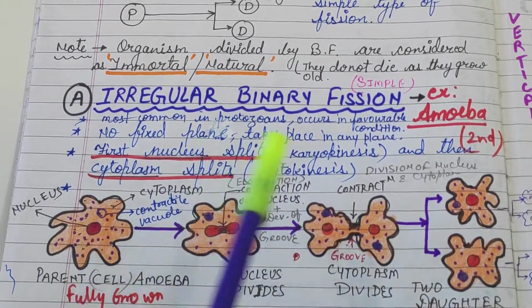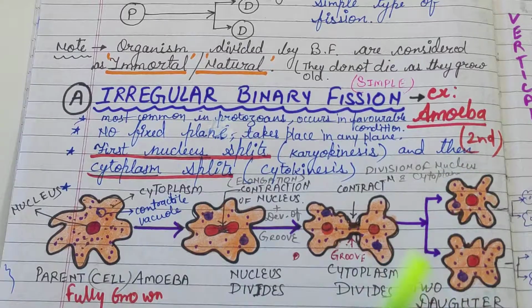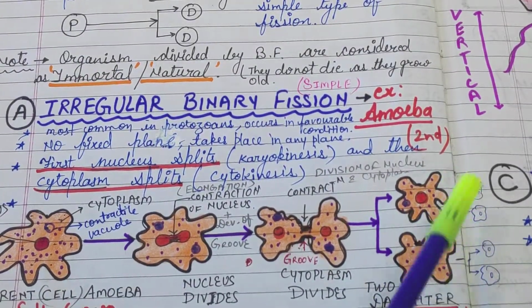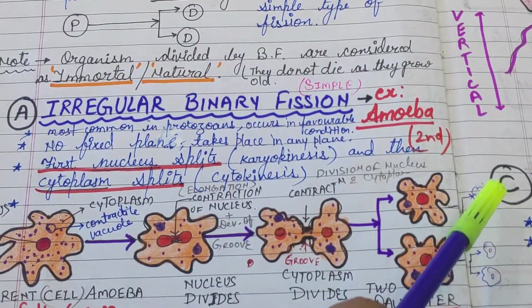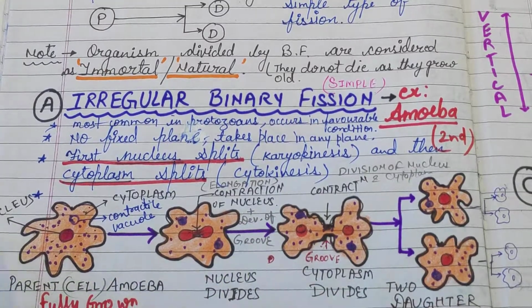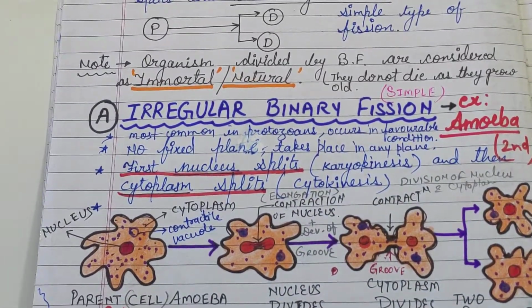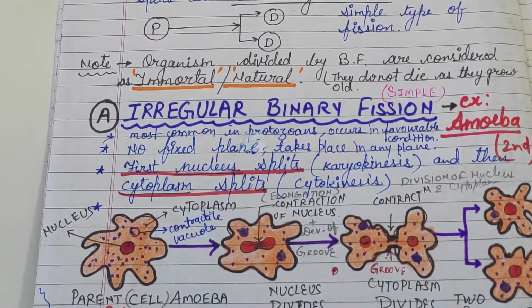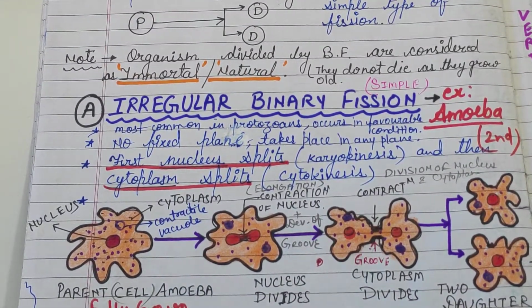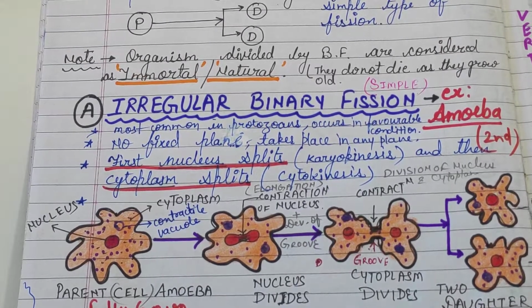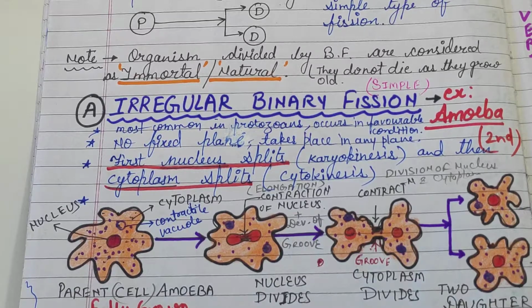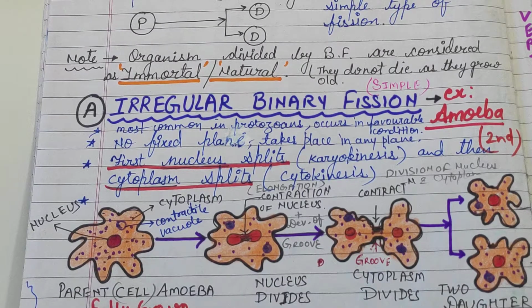One parent cell gives rise to two daughter cells, and those two give rise to another two, and those give rise to another two. So there is no death. That means organisms divided by binary fission are considered immortal, or natural. Children, they do not die as they grow old.